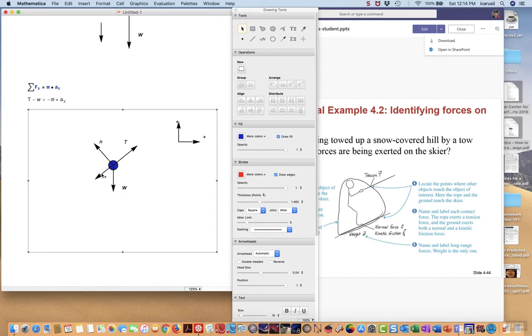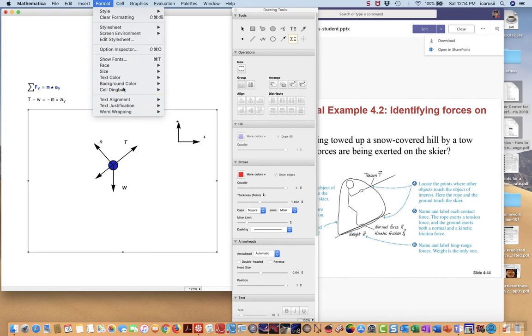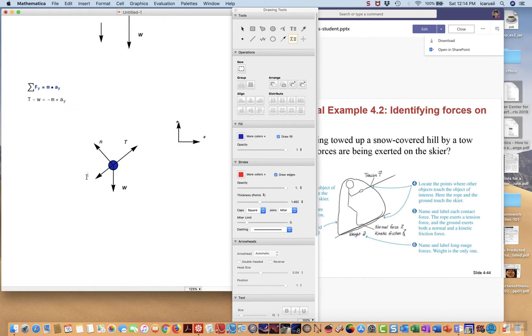And I'll make it smaller because it is going to be smaller in comparison to the tension, because the person is moving in that direction. So there's my f_k. Okay, so I have my diagram, right?